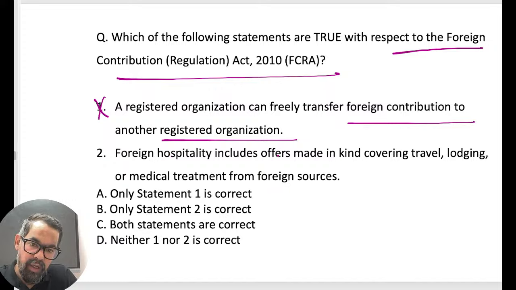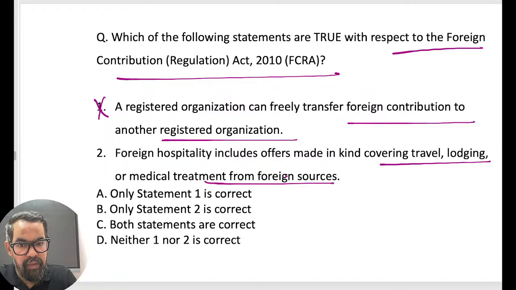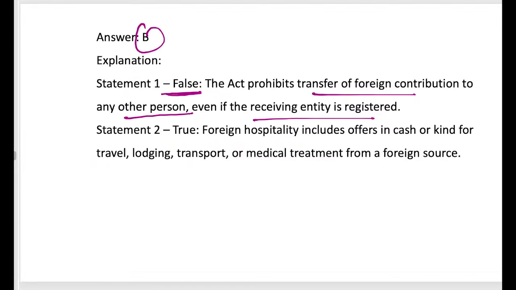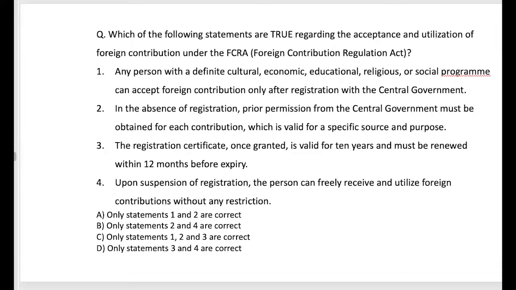Foreign hospitality includes offers made in kind covering travel, lodging, medical treatment and all. Yes, the second statement is true. So option B will be the right answer for this particular question. This is again something very important. Please do go through this one.